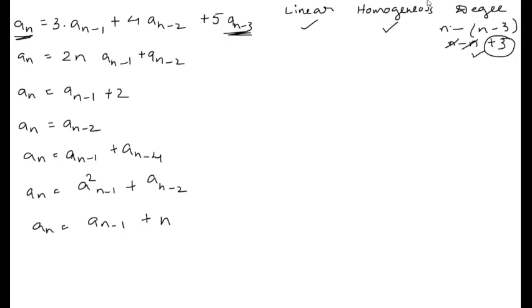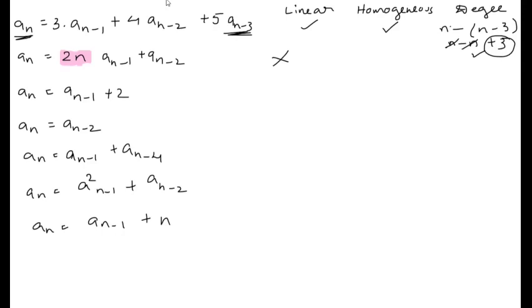The next one is a_n = 2n a_(n-1) + a_(n-2). Here it is not a constant coefficient. If you observe, 2n is the coefficient of a_(n-1), so it is not a linear homogeneous recurrence relation. The third one is a_n = a_(n-1) + 2.